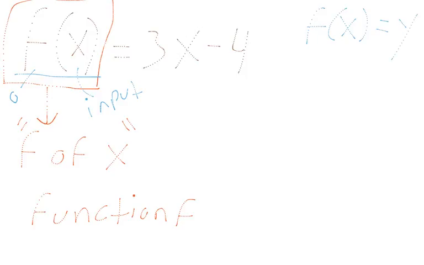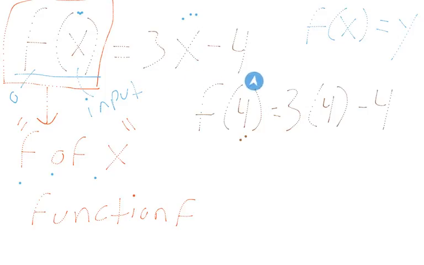It's just written differently. It's basically written more like a rule, where I plug in x here, therefore I plug in x here. So, again, this reads f of x. You'll be reading that out loud in class, so make sure you have it right. For example, if I had f of 4, that means the input is 4. So it's 3 times 4 minus 4. I just took this and replaced the x with 4.